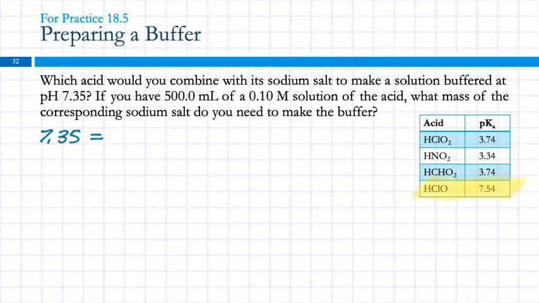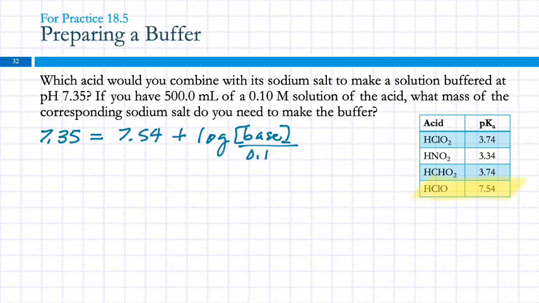The pKa is 7.54, plus the log of the base concentration over the acid concentration. Do I know the acid concentration? I do. It's 0.1 molar. So I can calculate the concentration of the base in this solution.